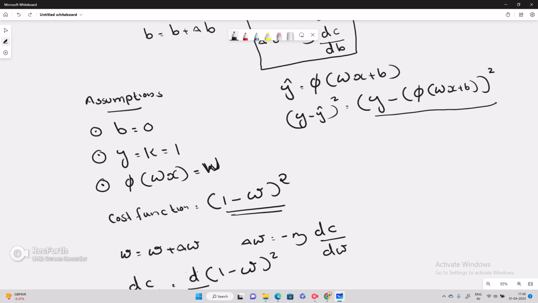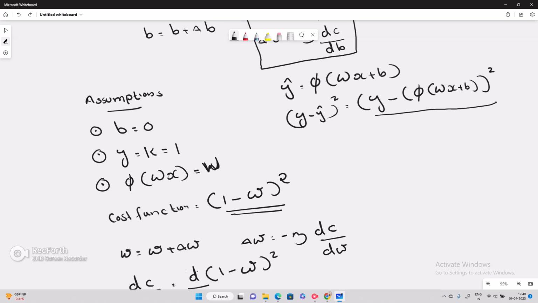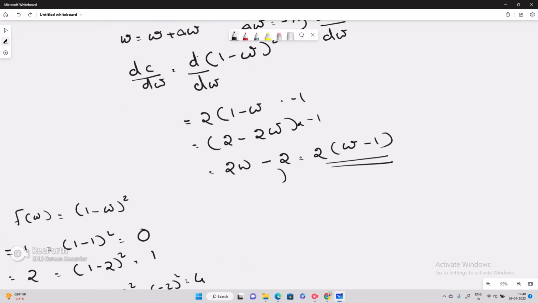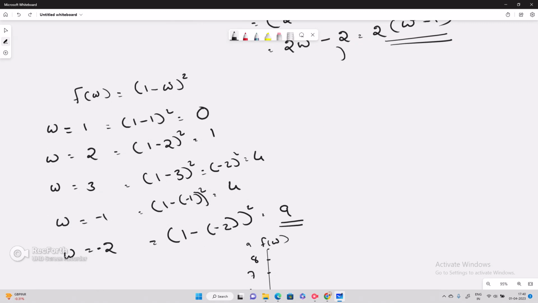We made these assumptions to make the formula very simple and understandable. So we set the bias as 0, and we set y as a constant value, and we have considered phi of Wx as a single constant value W.